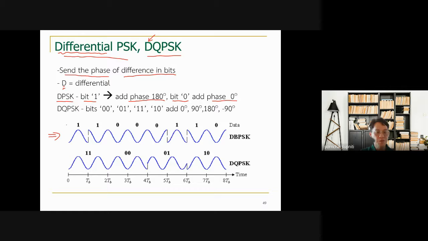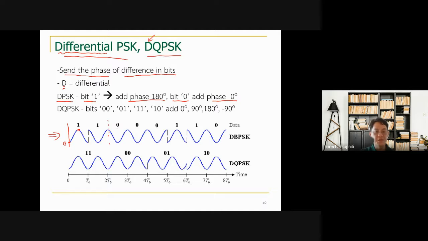It starts with the phase 0 here, and if the next bit is 1, they add the 180 degrees. So instead of starting at 0 here, they start from the phase of 180. Okay, so that's what they do.